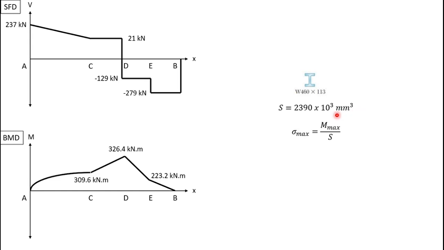And then this is the formula to calculate the normal stress from the bending moment. Since the problem is asking for the maximum normal stress at the transverse section C, we will use this bending moment value. Substituting the value into the equation, we obtain that the maximum normal stress at C is equal to 129.54 megapascal.